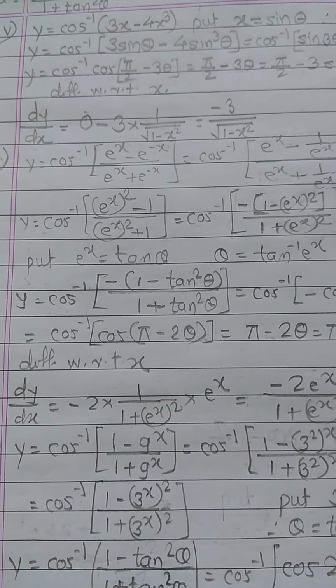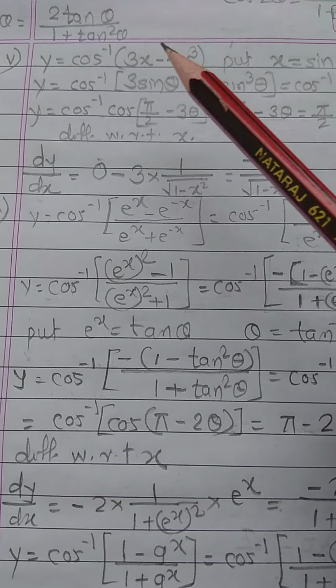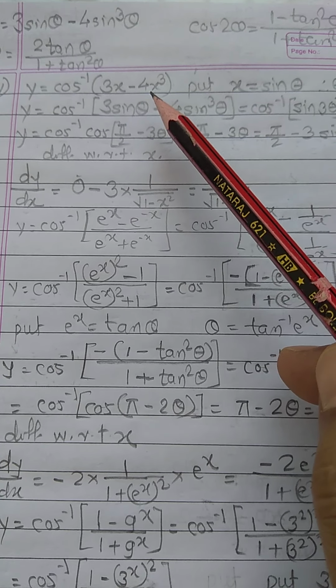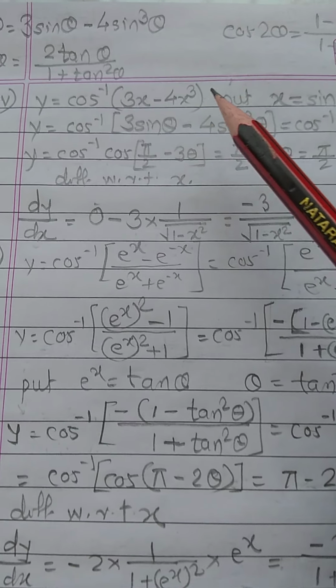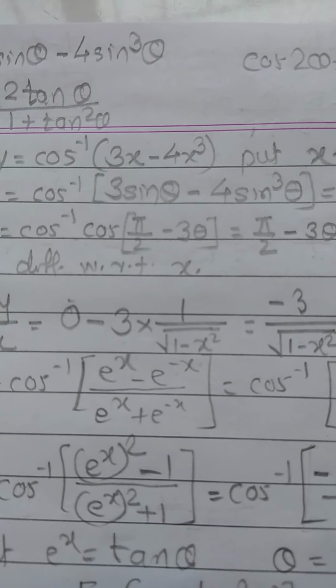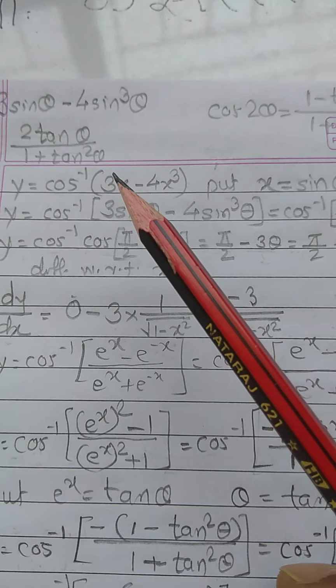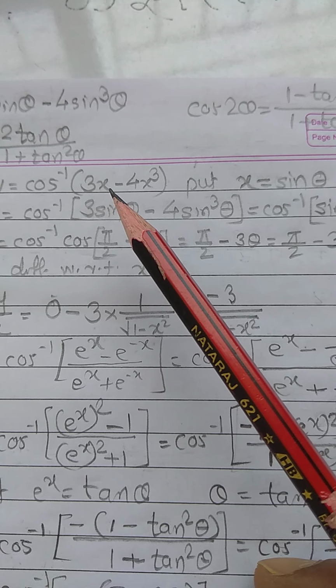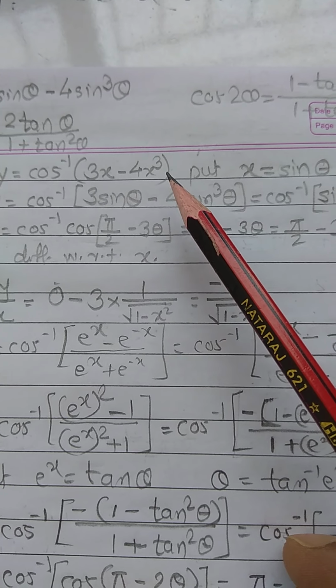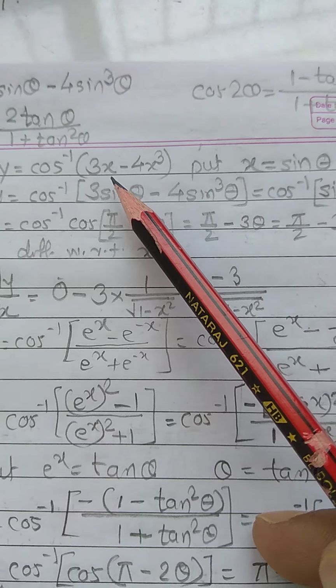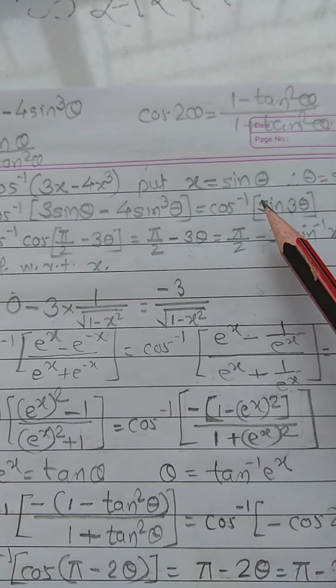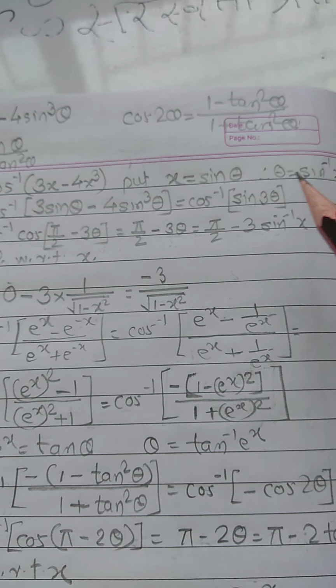Part 5, y equals cos⁻¹ of (3x − 4x³). In place of 3x − 4x³, we will have 3 sin θ − 4 sin³θ. For that, we will put x as sin θ. Then θ will become sin⁻¹ of x.